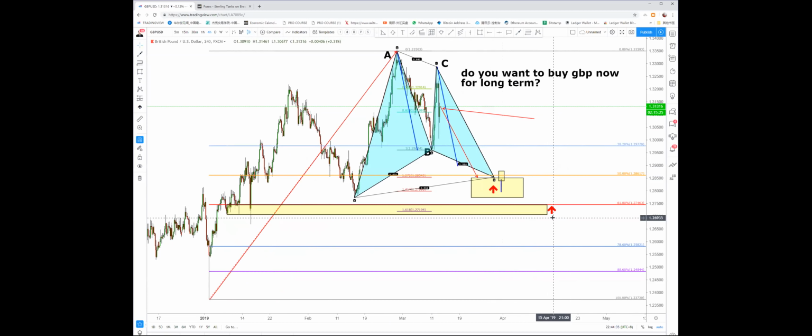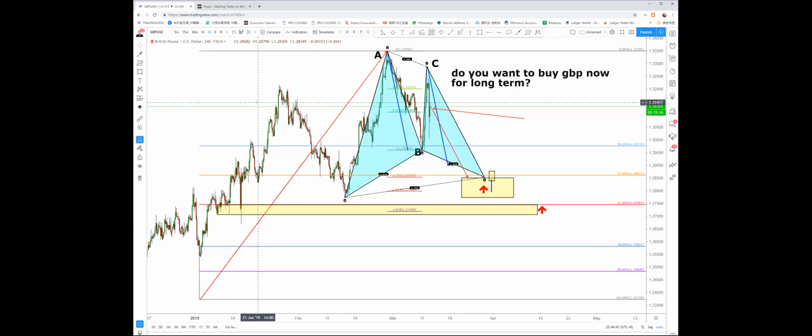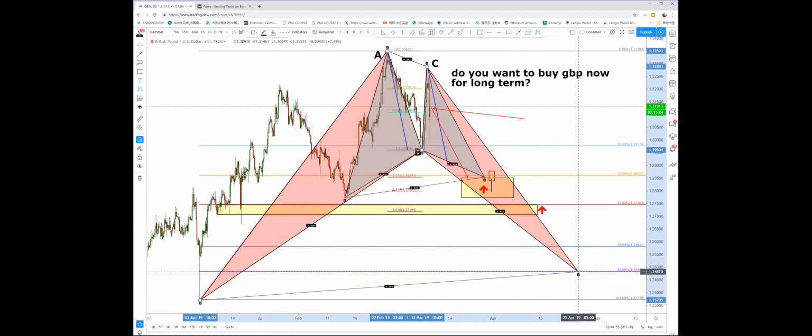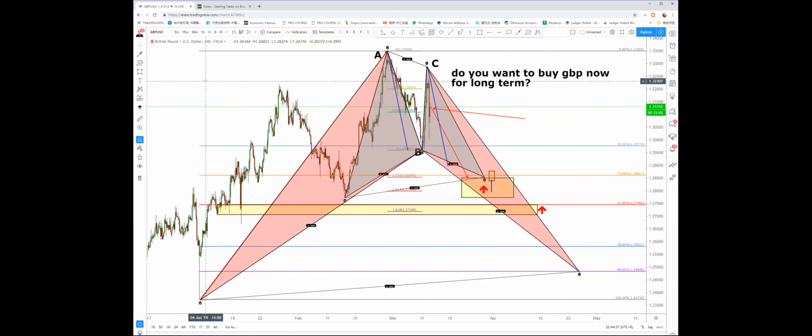Right? And guys, I have a terrible instinct. There might be some other possibilities. Okay, I will draw this as a red color from here. Can a sterling form a super great bat pattern? Is this also a possibility?